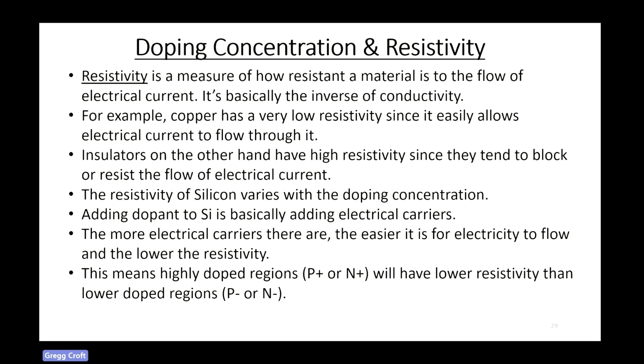Adding doping to a silicon lattice is basically adding electrical carriers. The more electrical carriers there are, the easier it is for electricity to flow and the lower the resistivity. This means higher doped regions, which we're calling P plus or N plus, are going to have lower resistivity than lower doped regions, P minus or N minus.